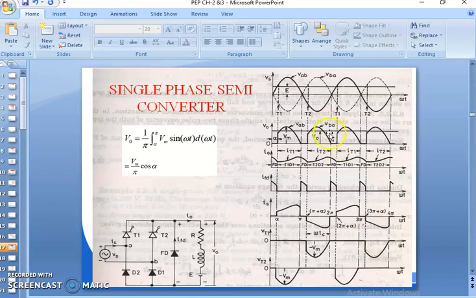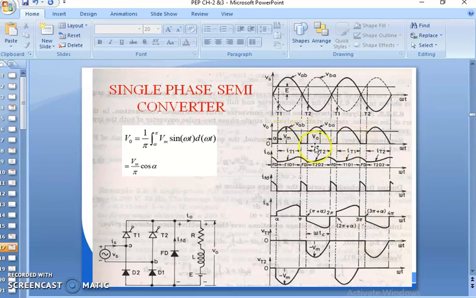Then after the instant of 2 pi region, again T2 D2 turn off and the FD starts conducting. So in this portion V0 will be 0 due to the FD conducting. Then at the instant of 2 pi plus alpha region, T1 D1 again start conducting. This portion is the voltage across the load due to the conduction period of T1 D1.